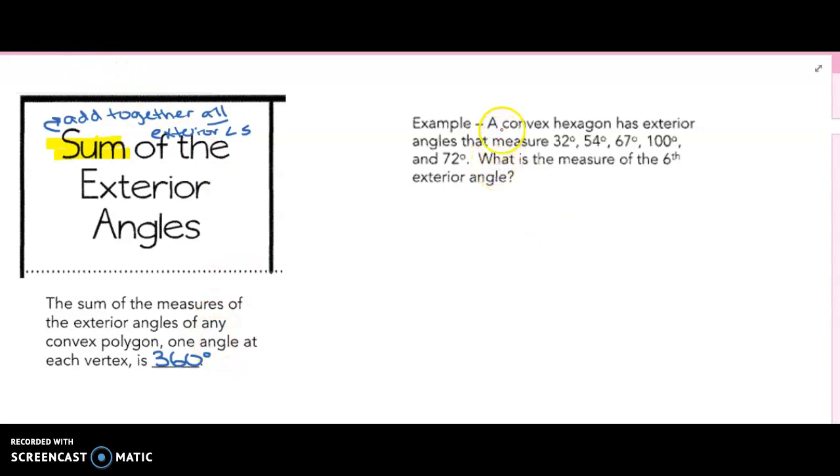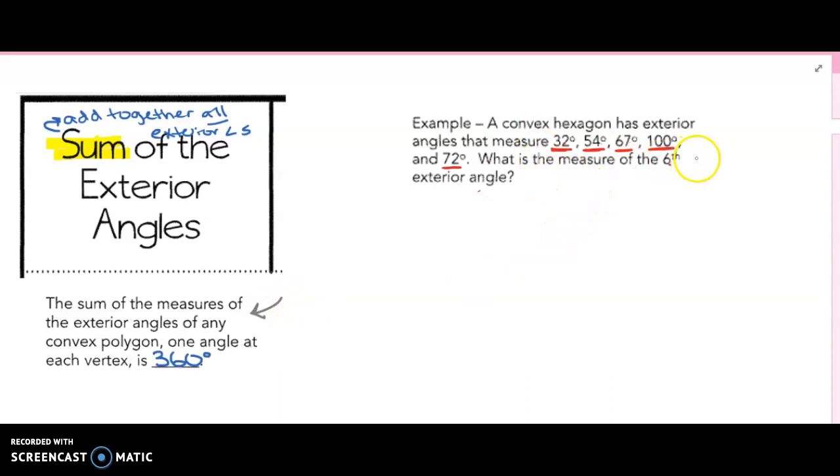All right, so let's look at this example. It says a convex hexagon has exterior angles that measure 32 degrees, 54 degrees, 67 degrees, 100 degrees, and 72. What is the measure of the sixth exterior angle? So it gives us 1, 2, 3, 4, 5. We have to know the sixth. Well, according to this, if we add up all 6, it's going to equal 360.